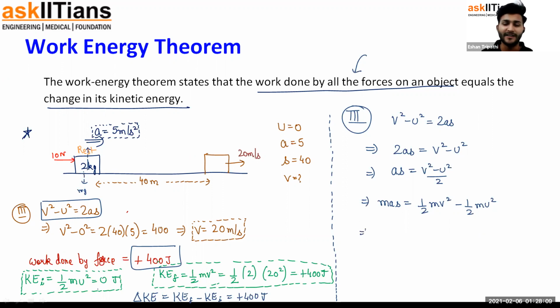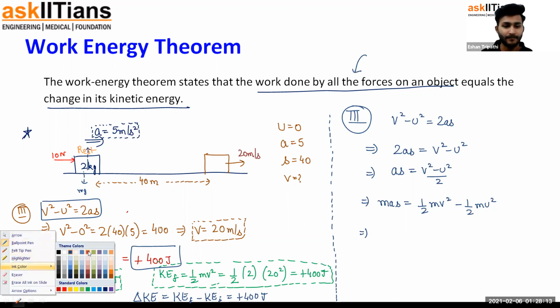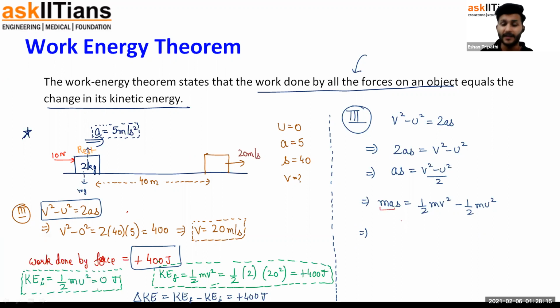Now what is m into a? The net force acting on an object is mass into acceleration. That into displacement, net force into displacement, is equal to half mv square minus half mu square.